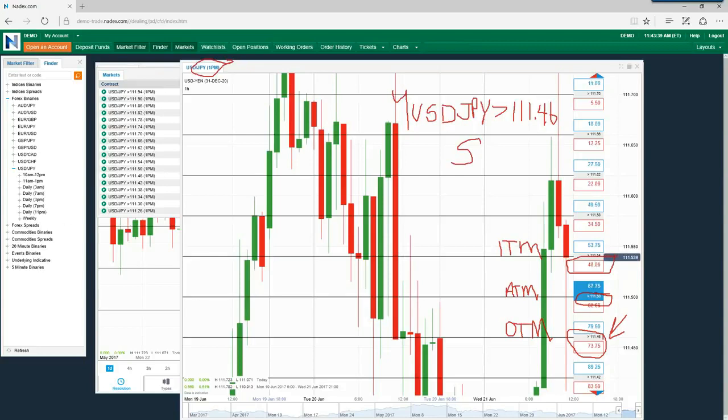So where the in the money, at the money, out of the money positions are depends on whether you want to purchase a call or a put option. Exactly, Tiffany. You nailed it. Because not only is it a matter of is it going down, but will it get there?